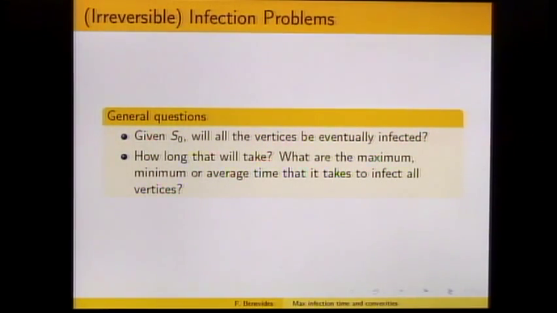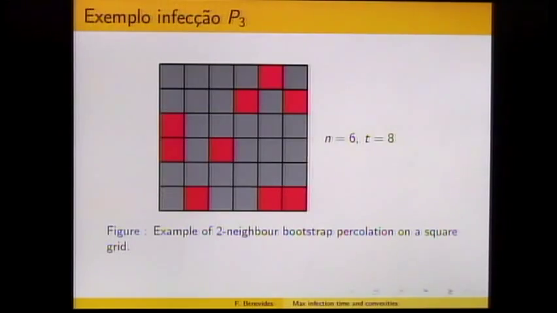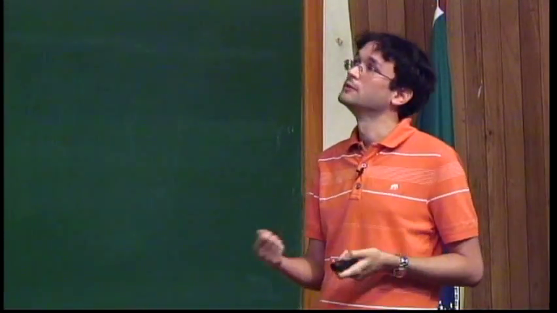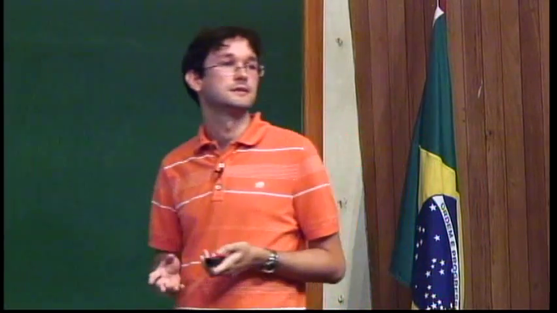Or what is the maximum or minimum time that it takes to infect the whole thing? Actually, probably the first question, which is a coffee time problem, is: what is the hull number in the n times n grid in the P3 convexity?